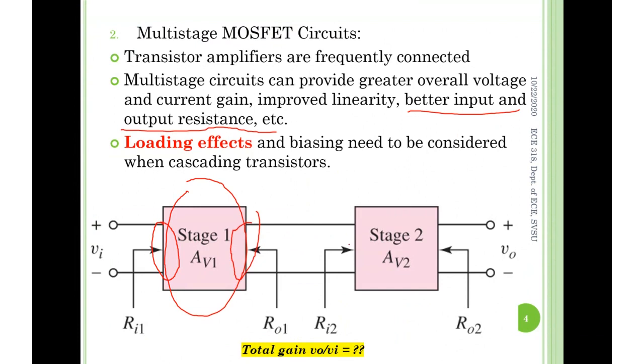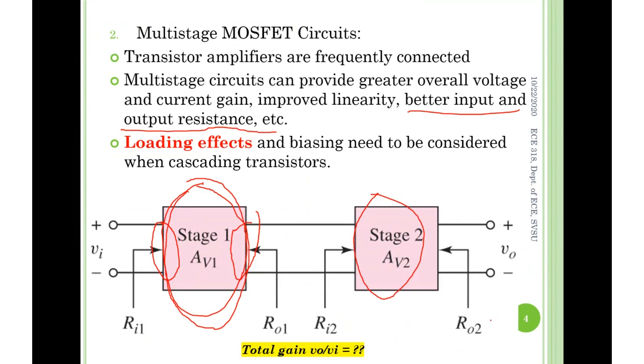But if you use multiple stages, you can make stage 1 take care of the input impedance, nothing else, and make stage 2 take care of the amplification.